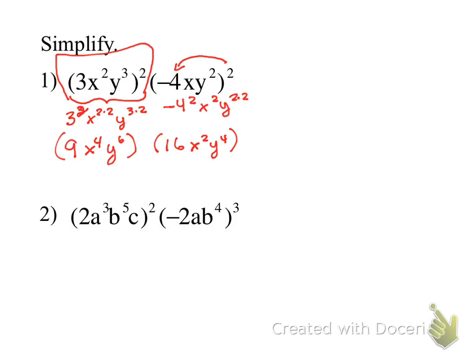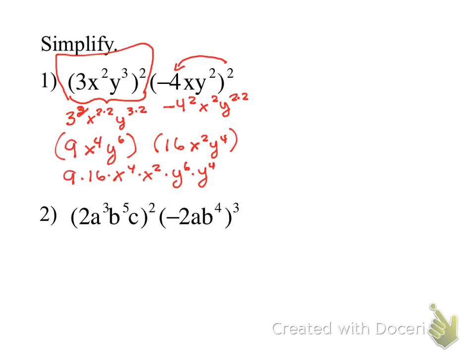So 9 times 16 is 144. You understand? And I'm going to do an extra step. I'm going to do 9 times 16, x to the 4th times x squared times y to the 6th times y to the 4th. Now you can notice there's no more outside inside.